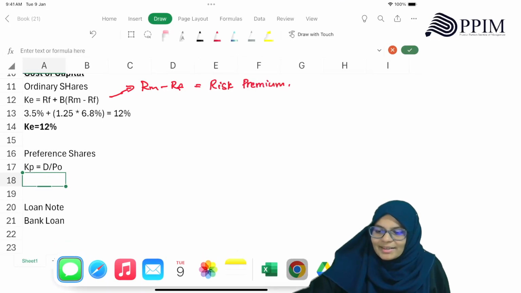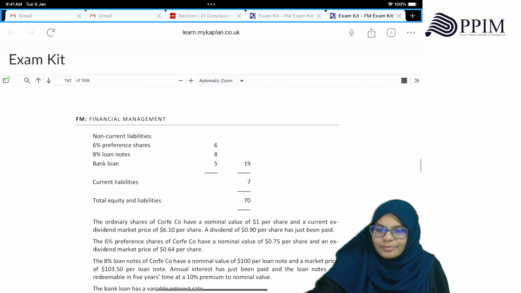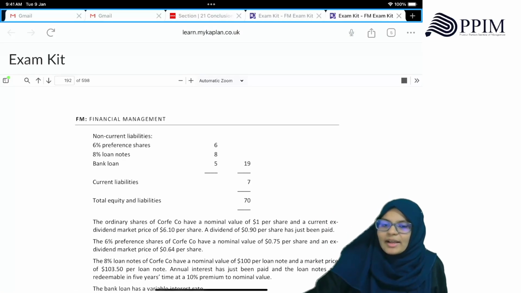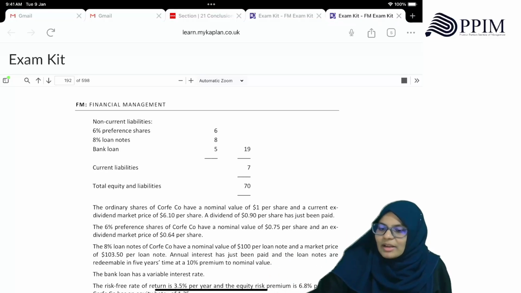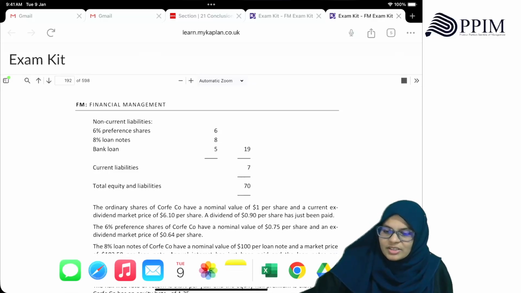They told me that it was a 6% preference share. So if I want to get the dividend, I will take 6% and multiply it with the nominal value. They told me that nominal value is 0.75, right? So 6% into 0.75 is the dividend, and the market price is already there, 0.64. Okay, so I'll just do that and get the cost of the preference share as well.